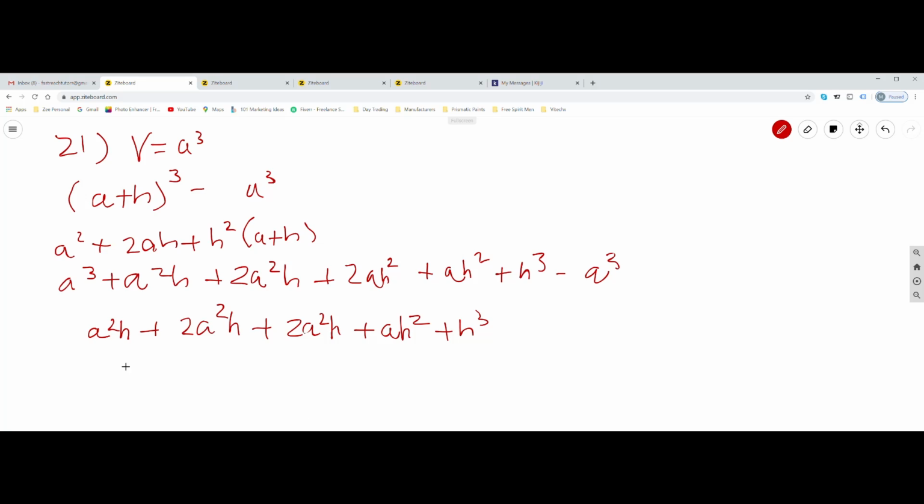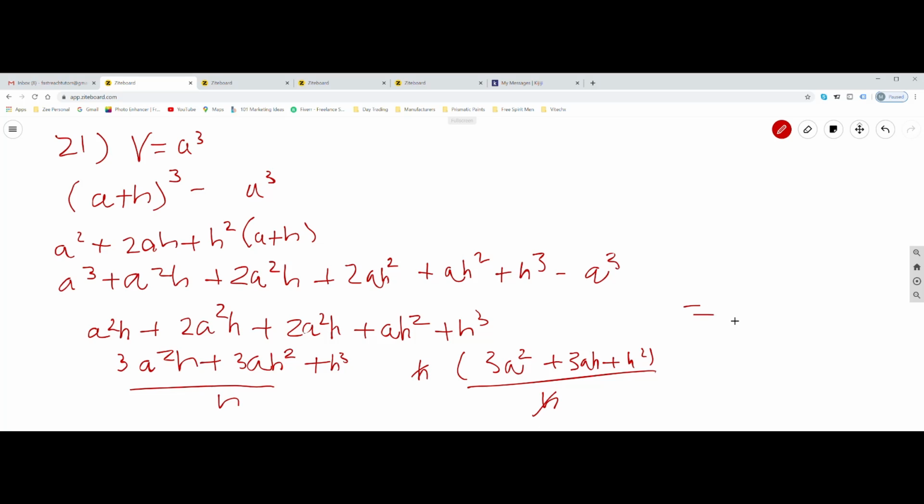So then you get 3a squared h plus 3ah squared plus h cubed over h. You take out h, leaving 3a squared plus 3ah plus h squared over h.